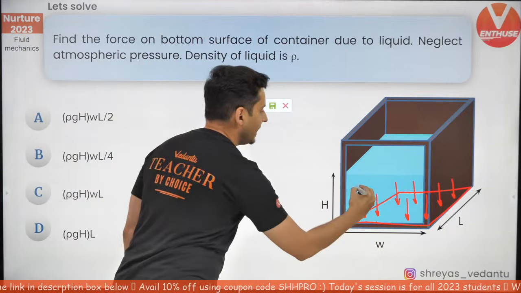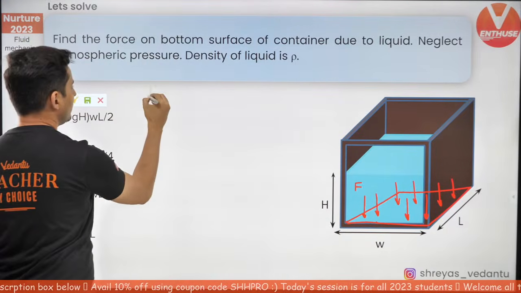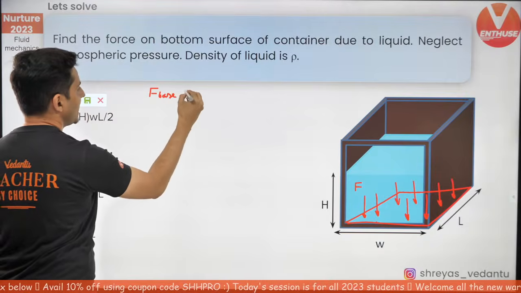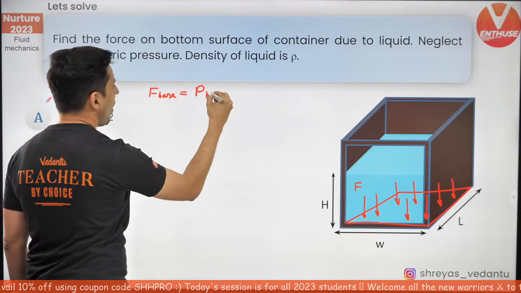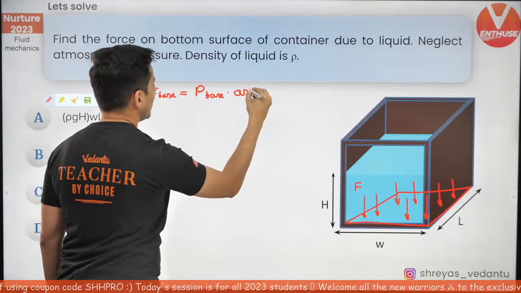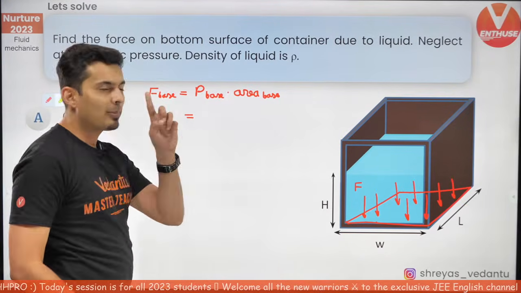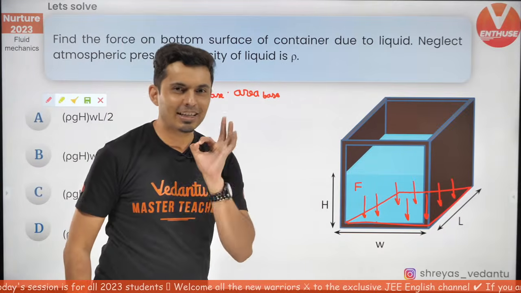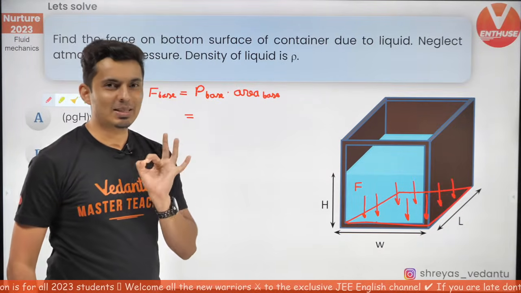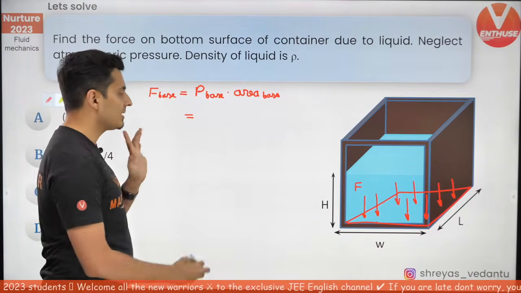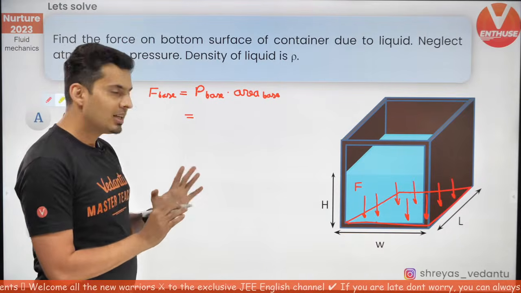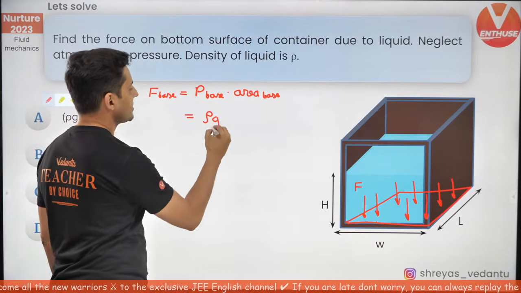That force on the base can be written as pressure on the base into the area of the base. Now when I write pressure on the base, there is one small catch. Many students make a mistake. Pressure on the base is not P naught plus rho GH. It is just rho GH.